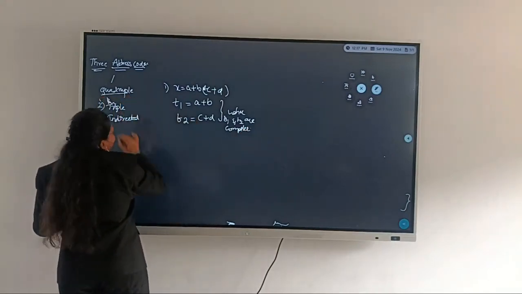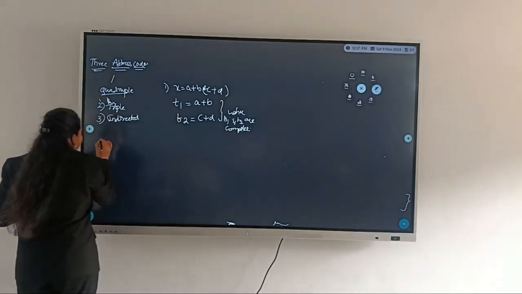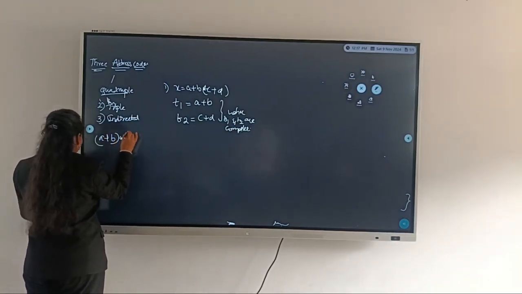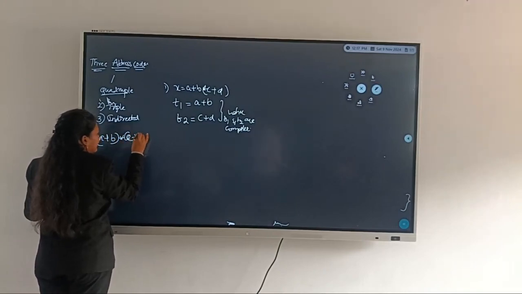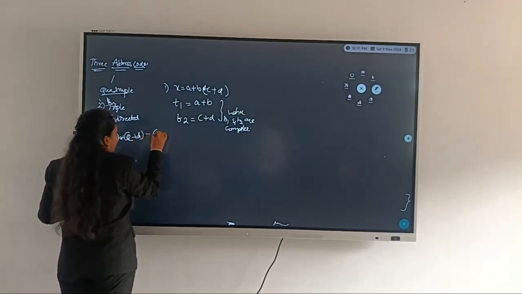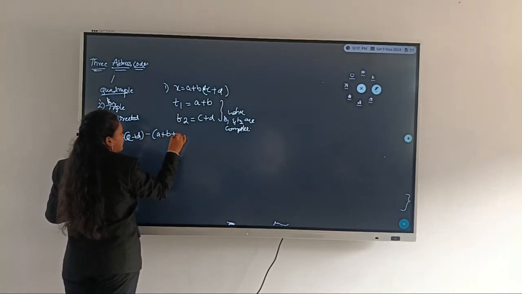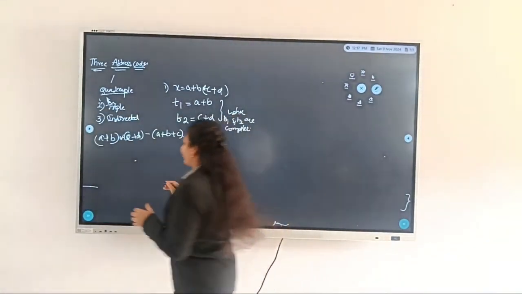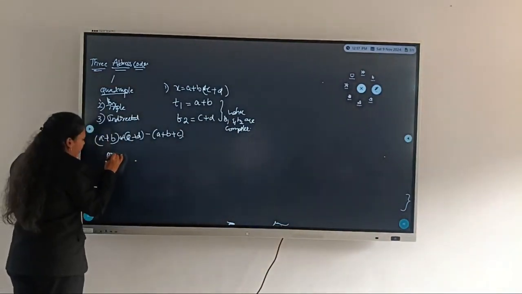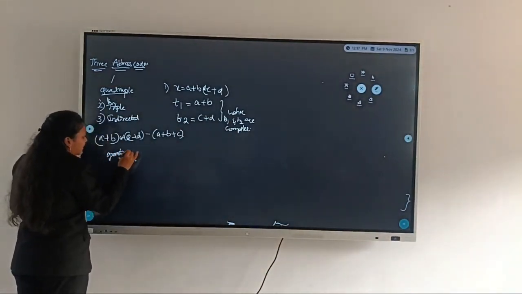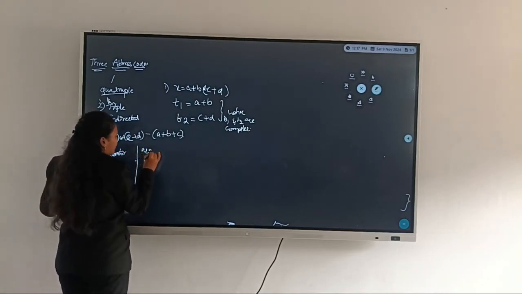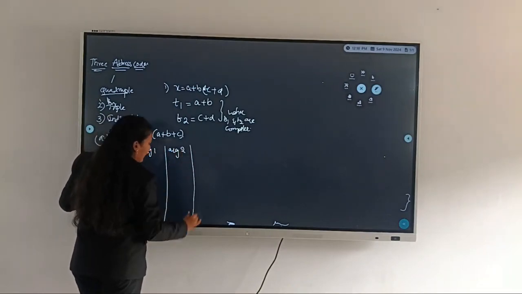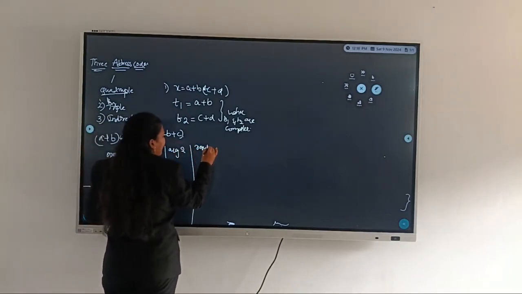Let's enter into the quadruple. Let us assume another example, which is (A plus B) into (C plus D) minus (A plus B plus C), where a quadruple contains four fields. The first one is the operator, the second one is argument 1, the third one is argument 2, and the fourth one is the result.